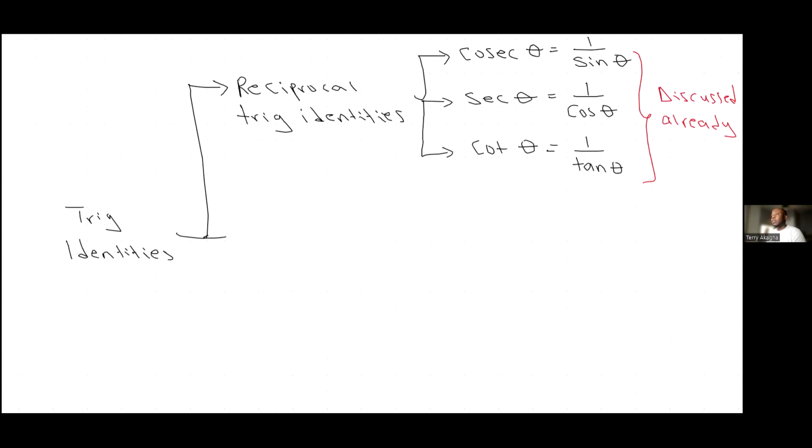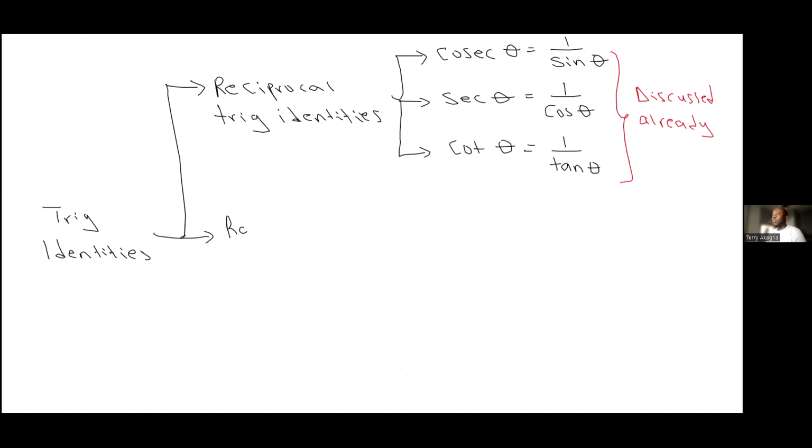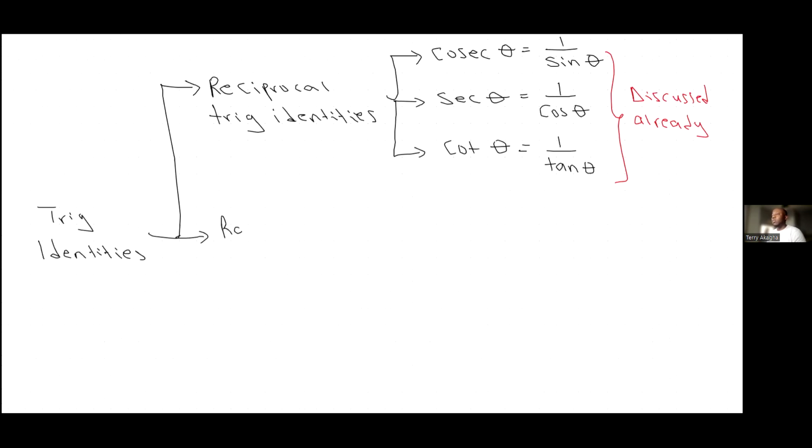Now, the ones that we're gonna focus on are the ratio trig identities. So we'll talk about tan theta, which is the same thing as sine theta divided by what?